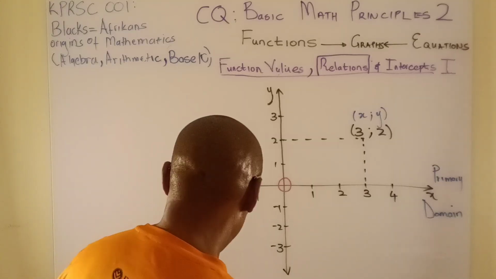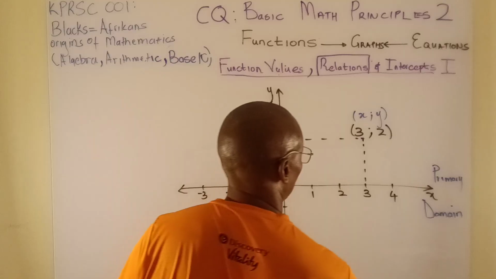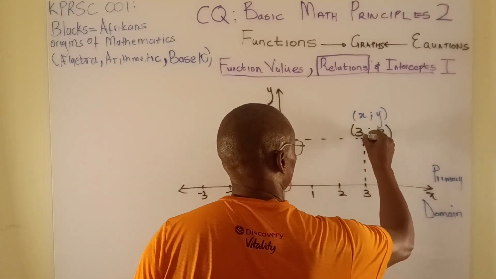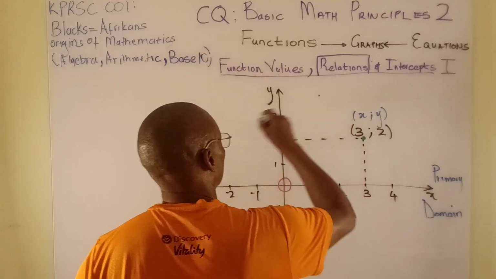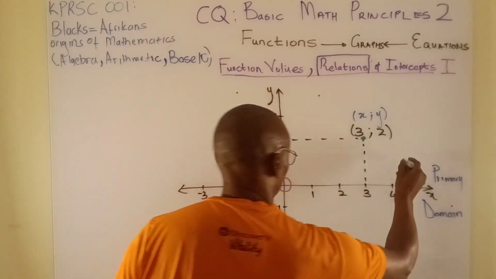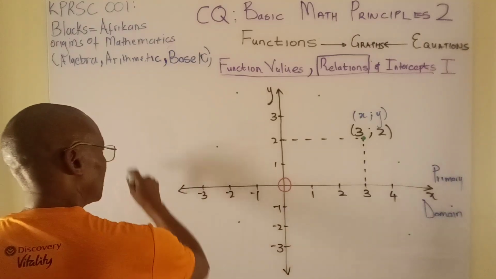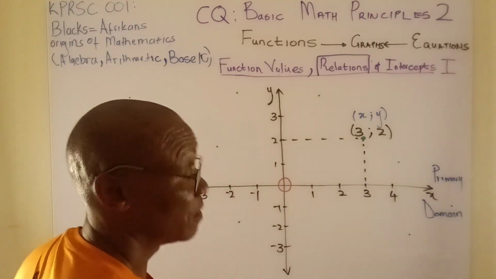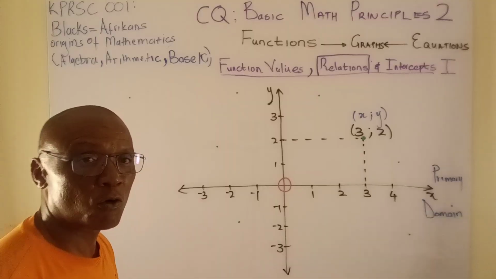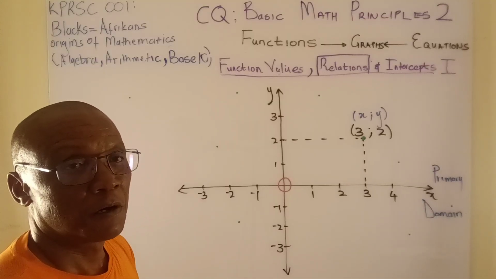Now, it's a point, just like any other point. There are many points here, millions of coordinates, and I'm just selecting one randomly.